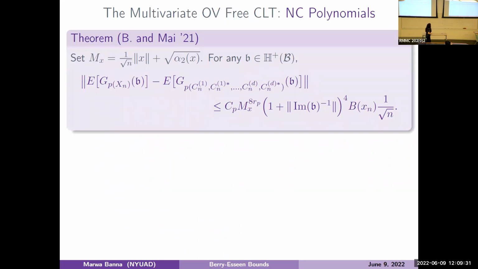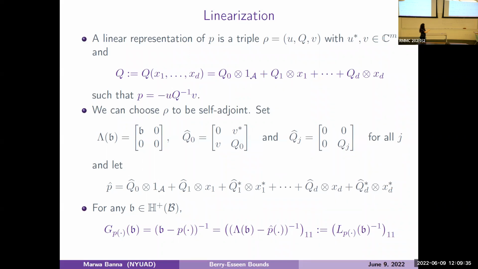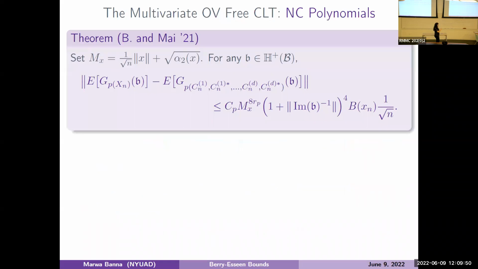So this has to be treated separately. Even now, with the linearization, we cannot apply the result from before, because this LP of B inverse is not an operator-valued Cauchy transform. This delta of B is not in the upper half plane. So we need to treat it again separately.